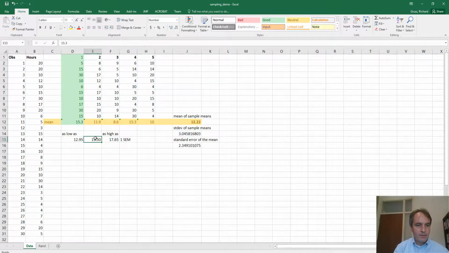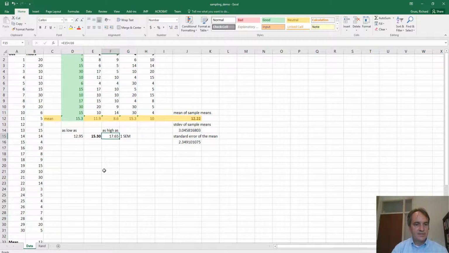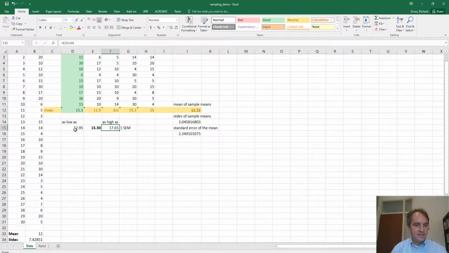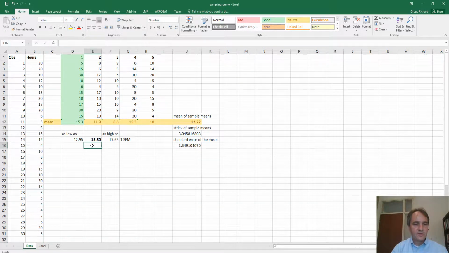Okay, our point estimate is 15.3, but 1 standard error below that is 12.9, and 1 standard error above that is 17.65. And we see that this still doesn't contain the actual true mean. So, let's try again. Okay, we've got our point estimate here. All right, let's go down 2 standard errors.